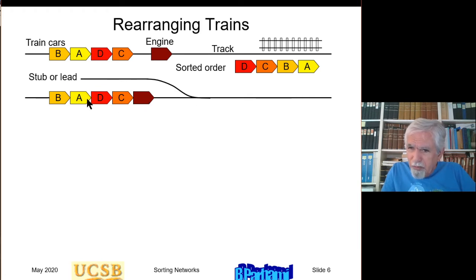A train coming from left to right just doesn't care about that exchange. It just goes straight. So this exchange is basically one directional. You can go into that stub approaching this point from right to left, or you can go straight, but going from left to right, the only option is just to go straight. So that's a stub. So how can I use this stub to sort this train?